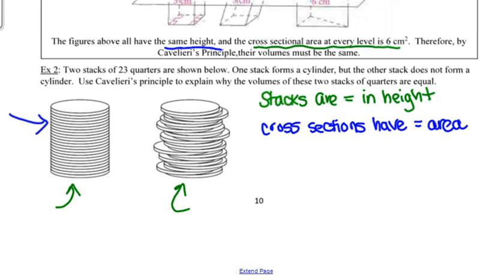And Cavalieri's principle says that if two figures are equal in height and have equal area at every cross section, the two figures must also have equal volume.